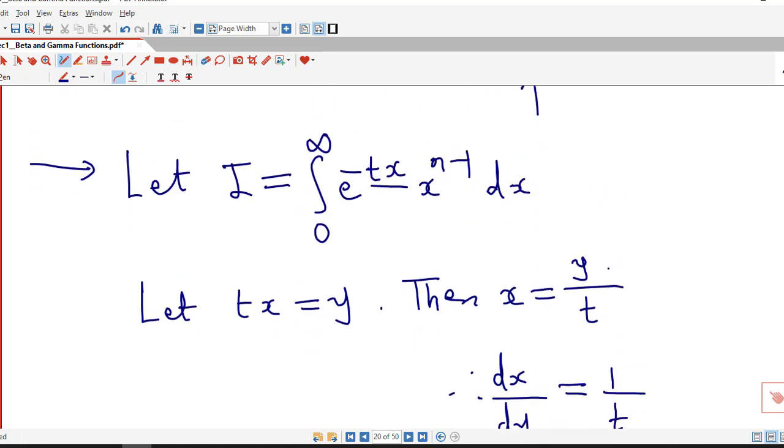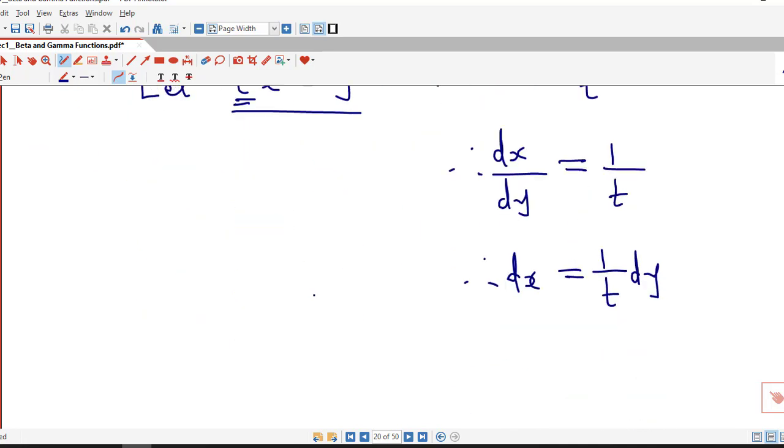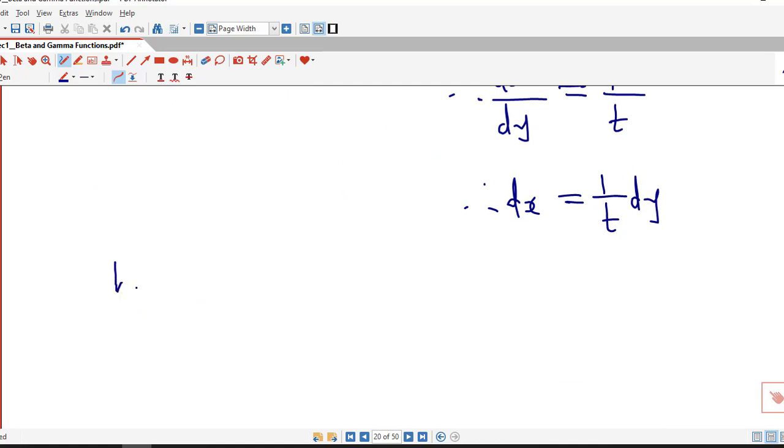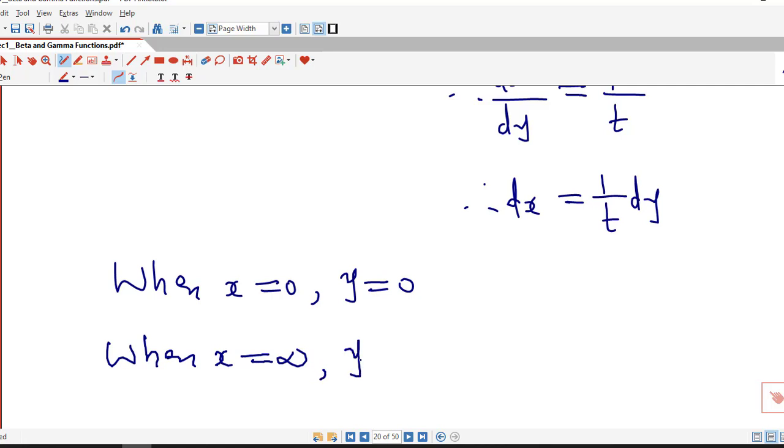And because y equal to tx, when x is 0, y is 0, and when x is infinity, y is infinity because t is positive. So limits of y remain as they are, as limits of x.